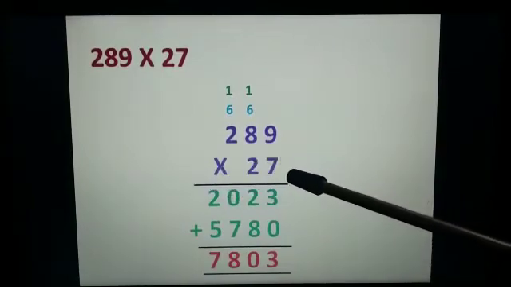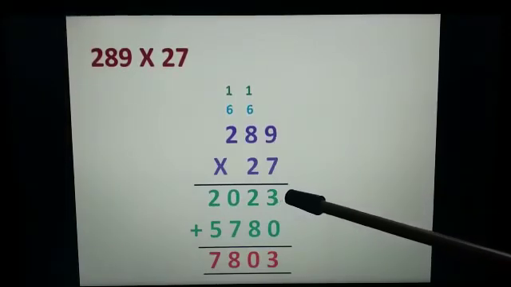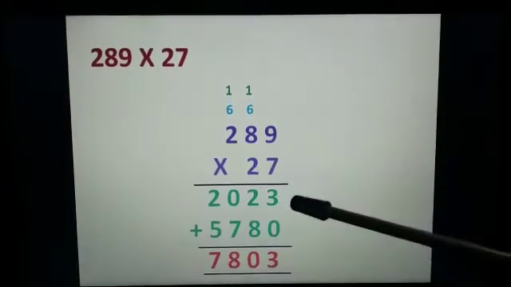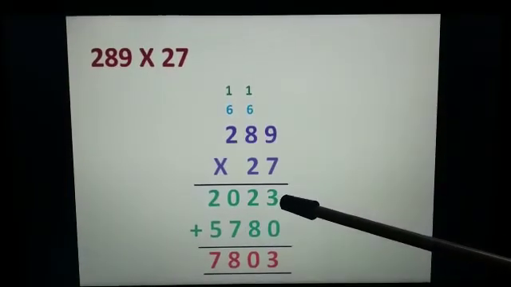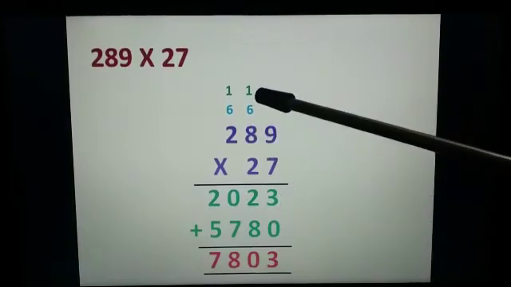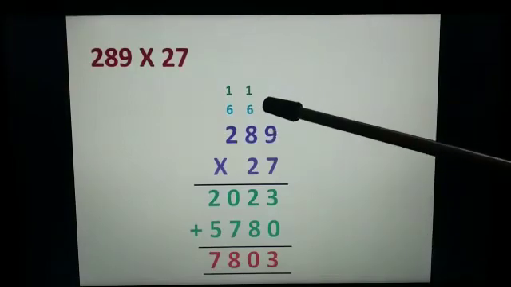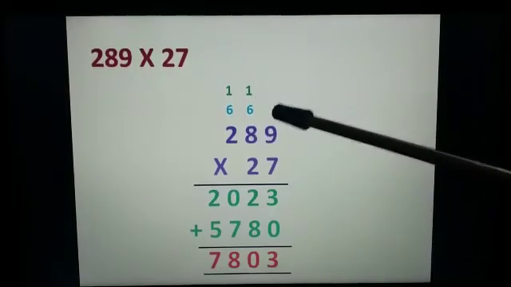Now we will multiply by 7 first. Okay. Now 7 nines are 63. 6 at the tens place and 3 at the ones place. So 3 will be here and 6 will be carried over to the tens place.